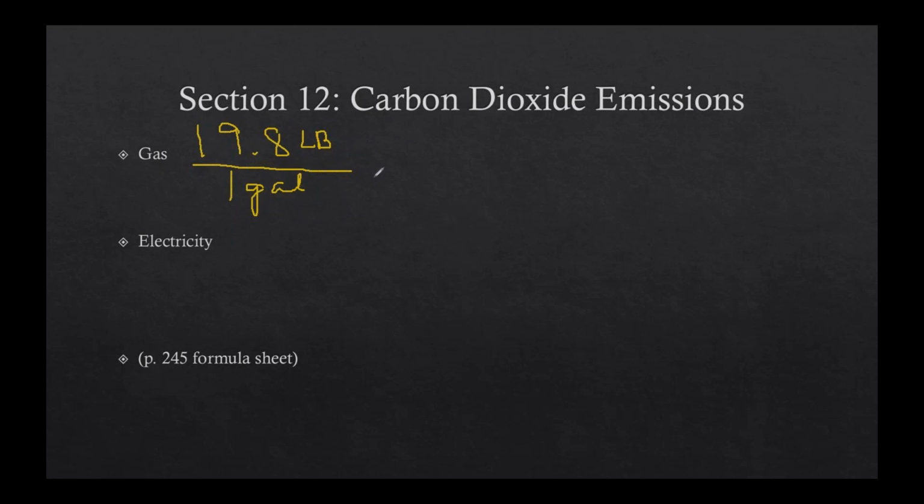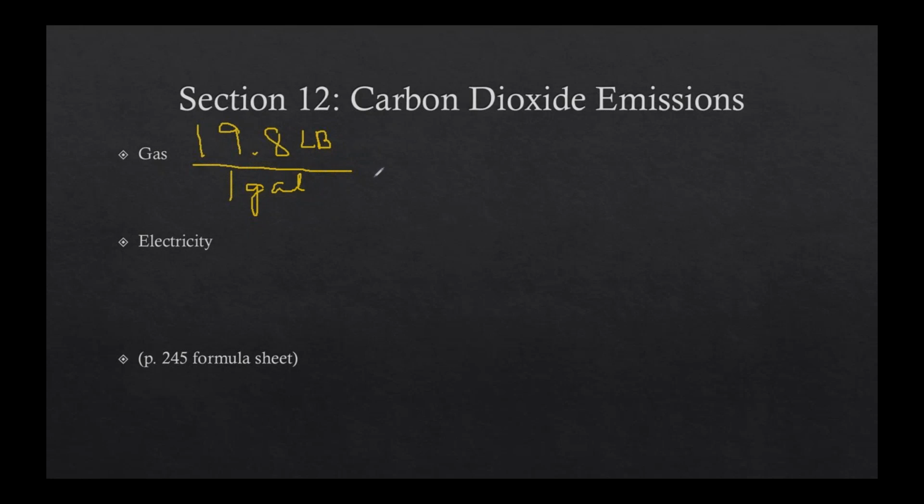So when I think about driving to work, I use a little over a gallon of gas each way to get to work. So let's just say 2 gallons of gas. That means per gallon, 19.8 pounds. So if you multiply that by 2, we're at 39.6 pounds of CO2 that I produce every day coming to work just from the gasoline.